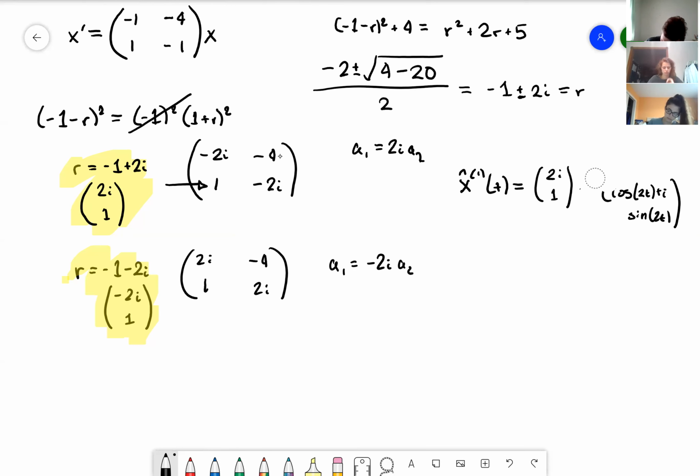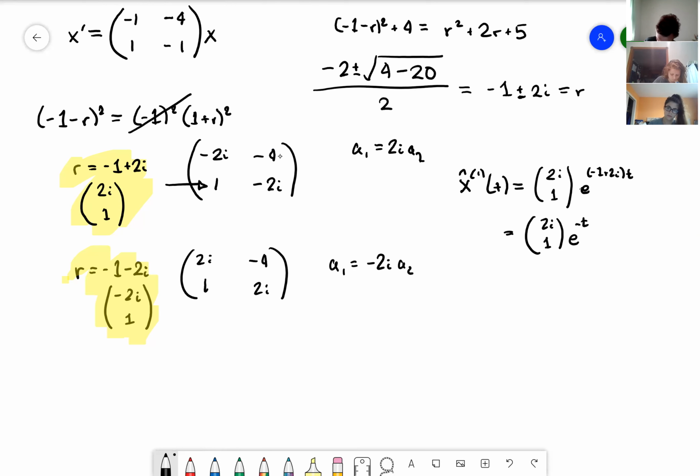Maybe on this first one, I'll go through all the steps instead of trying to do it in my head. So this is 2i, 1 e to the -1 plus 2i t. This is 2i, 1 e to the minus t by using the exponent here. And then Euler's formula for the 2it will be cosine 2t plus i sine 2t. I'm writing it vertically just because I'm running out of room.